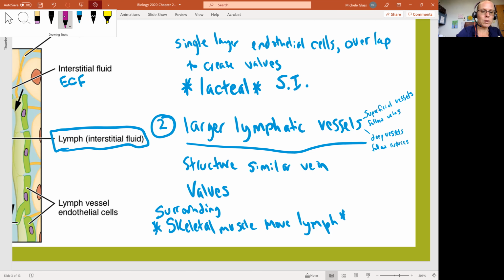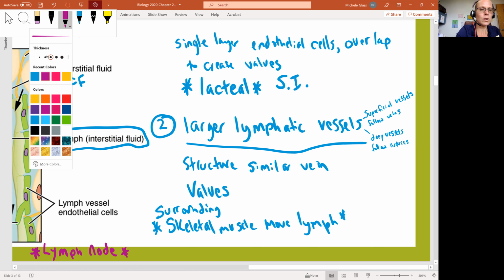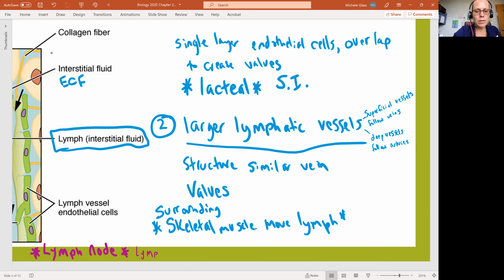The other thing that we want to make note of here is that as the lymph is flowing through these larger vessels, it's going to flow through a lymph node. The lymph node will be discussed in more detail in the future, but right now we can think about it as a lymph filter.